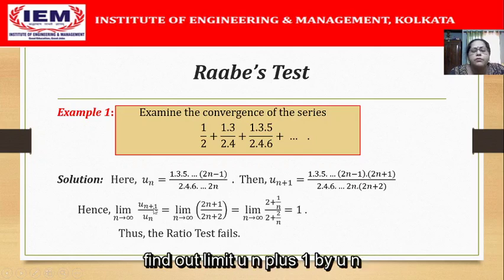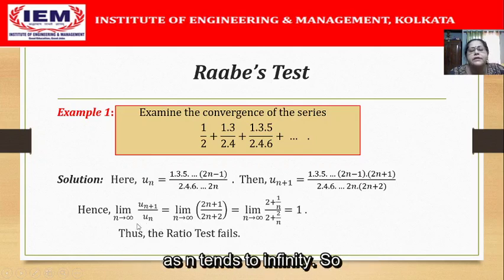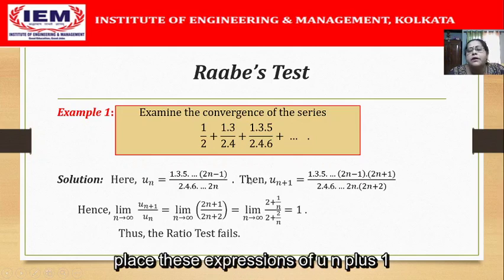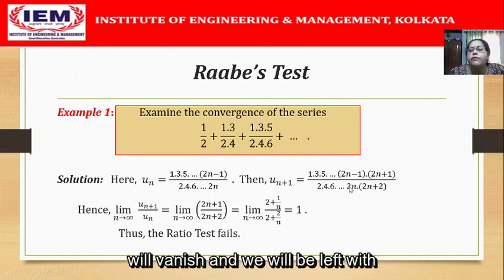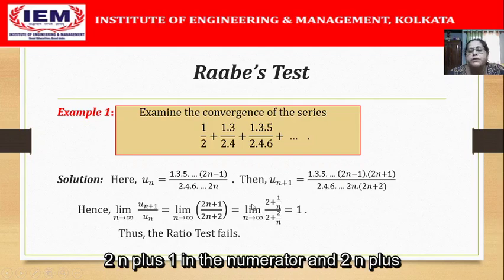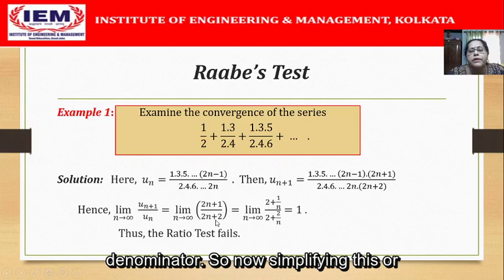So we just find out limit un plus 1 by un as n tends to infinity. So this un plus 1 by un, as we place these expressions of un plus 1 and un, we will see that many of the terms will vanish and we will be left with 2n plus 1 in the numerator and 2n plus 2 in the denominator.